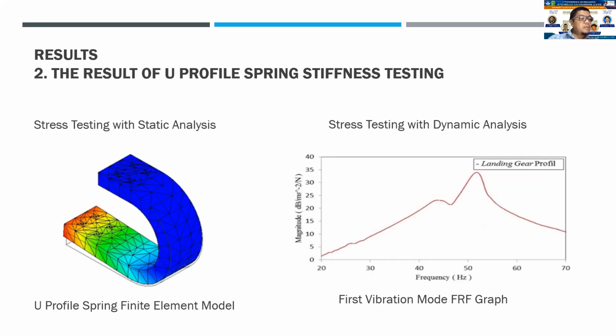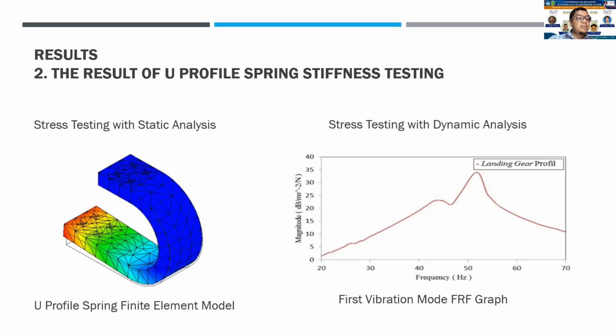The U-profile landing gear strut nose element model when applied loading. Based on the simulation result, the U-profile spring stiffness is 194.9 Newton per meter. The U-profile spring stiffness value is used as a comparison with the stiffness of the experimental result.